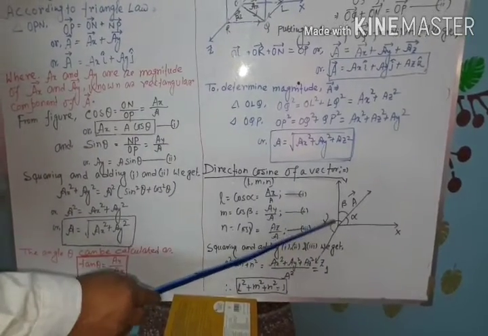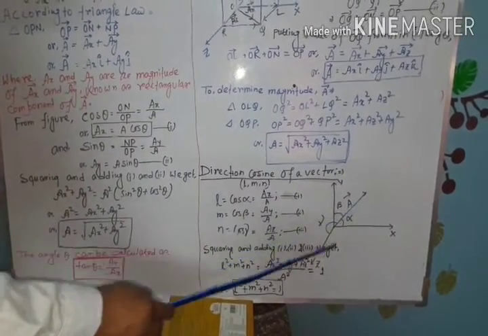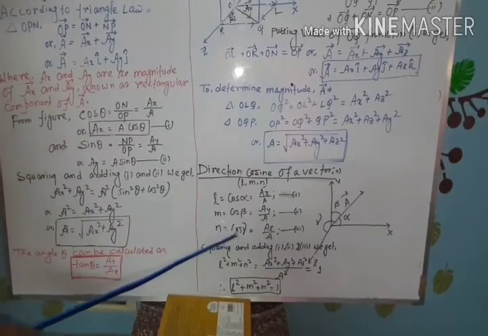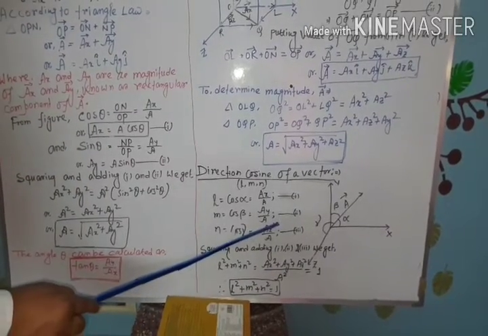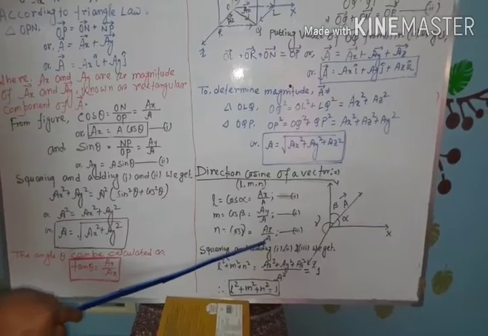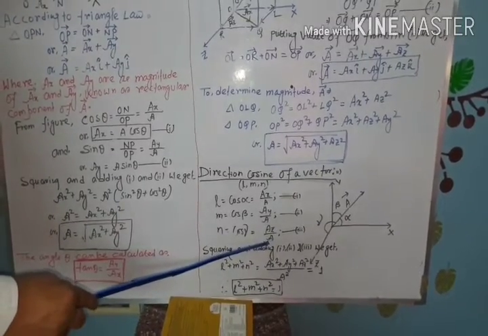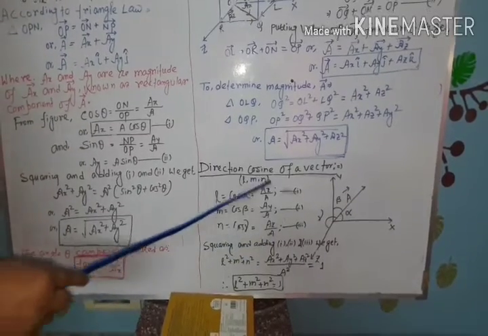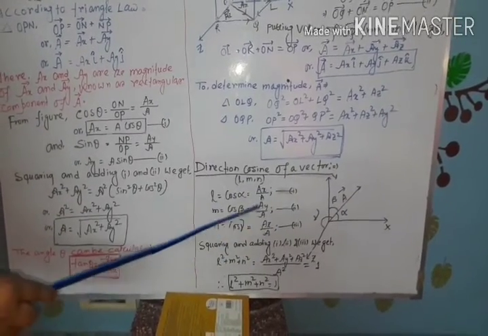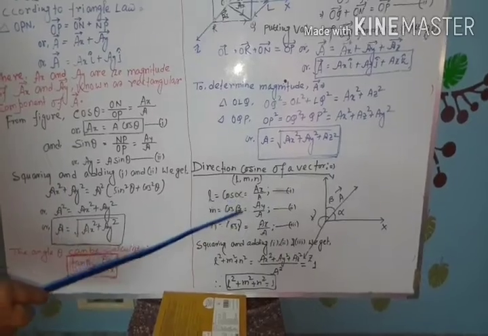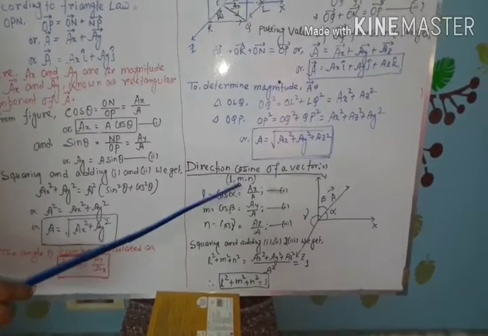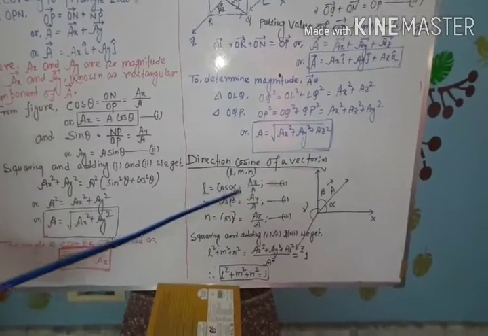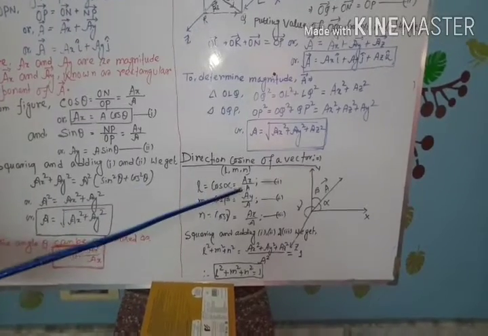What is gamma? The angle made by vector A with the z-axis. So cos gamma is equal to the z component of the given vector by the magnitude of the vector. Clear? By these three direction cosines, we can find out the angle made by a given vector with the x-axis, y-axis and z-axis. Clear?